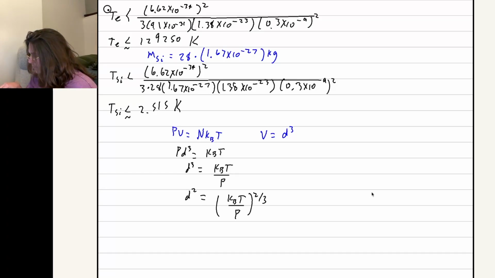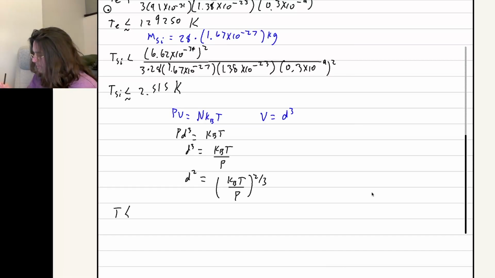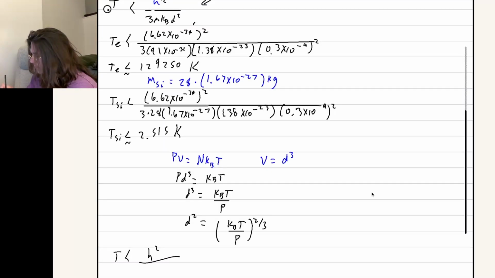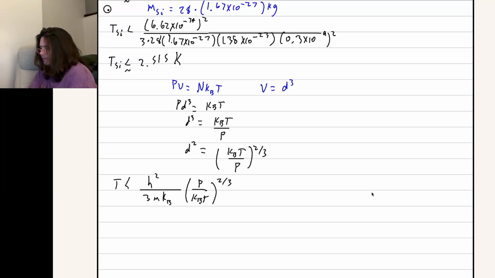And we'll plug that into our expression that we got before, that the temperature is going to be less than h squared over 3m k_B, and then D squared was on the bottom, so we'll write it like P over k_B T to the 2/3.